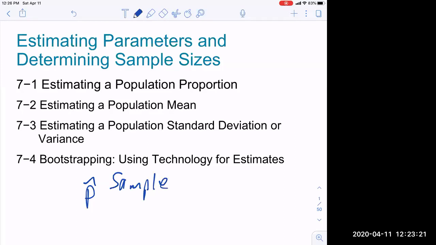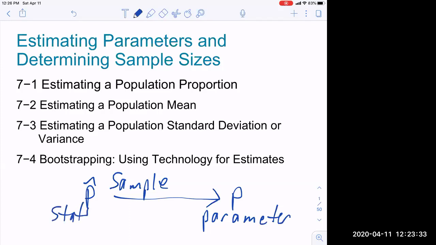And we learned before that it targets the parameter, that's the population proportion. So this is the statistic that targets the parameter. Now there's a lot in this PowerPoint slide, not a lot of it's redundant.